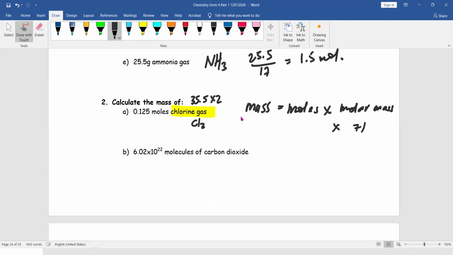And amount of moles is 0.125. So the mass is 8.875 grams. So it's just the same formula. If you can do add maths, I'm pretty sure you can do this. Okay, this is easier than maths.